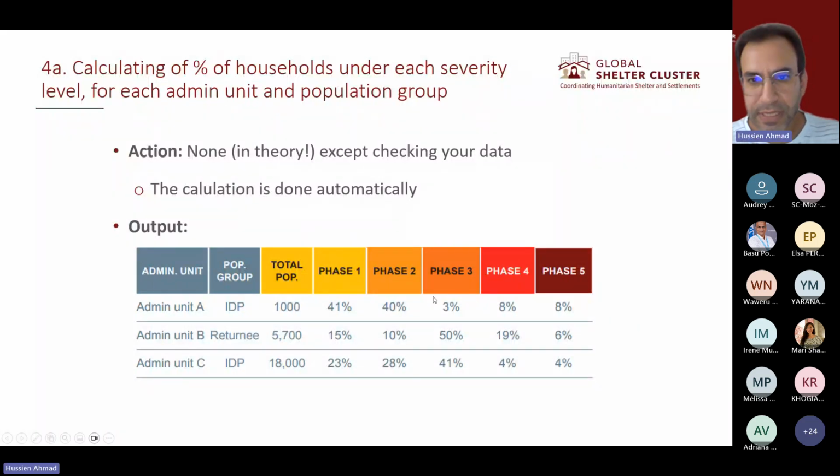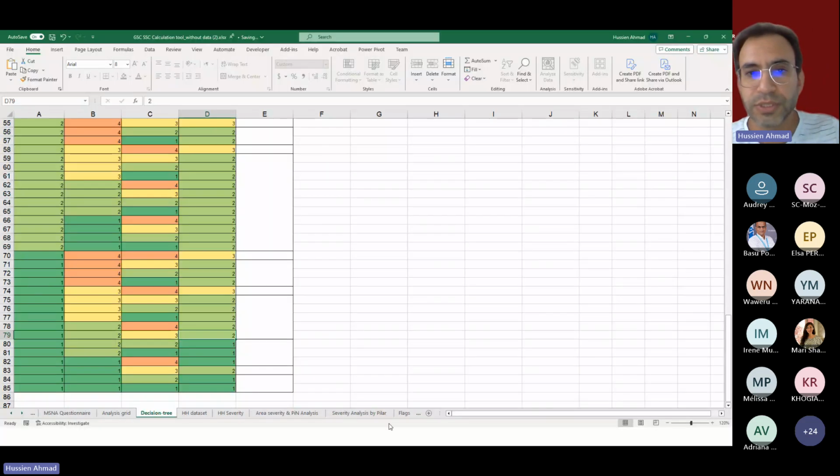Yeah, the example is not reflecting that actually. So if I look here, you will get the results as you have the total population. You have, for example, 41% in severity 1, 40% in severity 2, 3% in severity 3, and 8% in severity 4, and 8% in severity 5. You will get the results like that, as shown in the Excel sheet here.